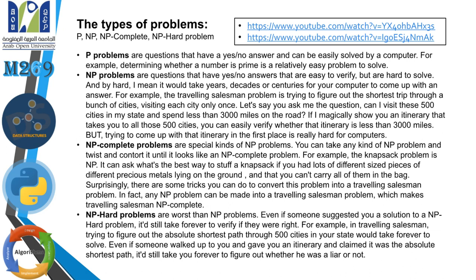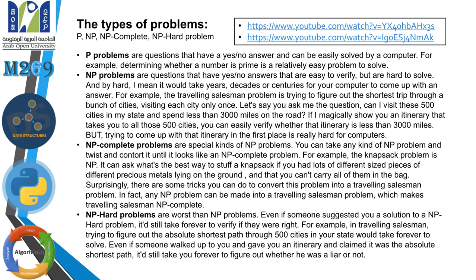So for example, the traveling salesman problem has to find the shortest trip through some cities. And every time he must visit each city only once. So if you have 500 cities and you need to spend less than 3,000 miles on the road, and you visit each city only once.